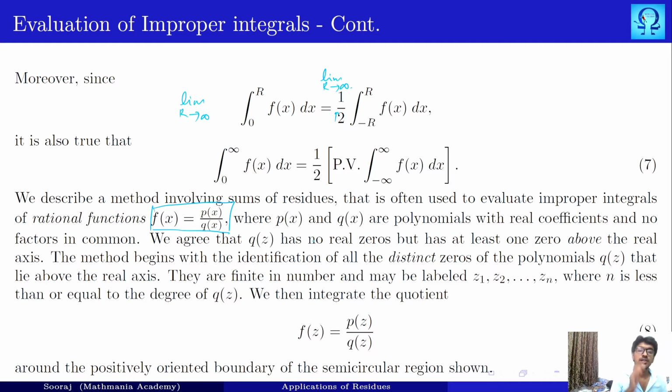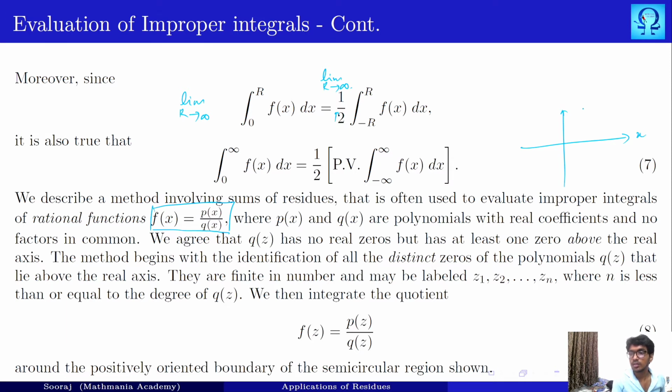We'll now change the real polynomial into a complex polynomial just by introducing a complex variable here. So it is a polynomial with real coefficients in a complex variable. This will have no real zeros, but it is going to have some zeros which lie above the real axis.